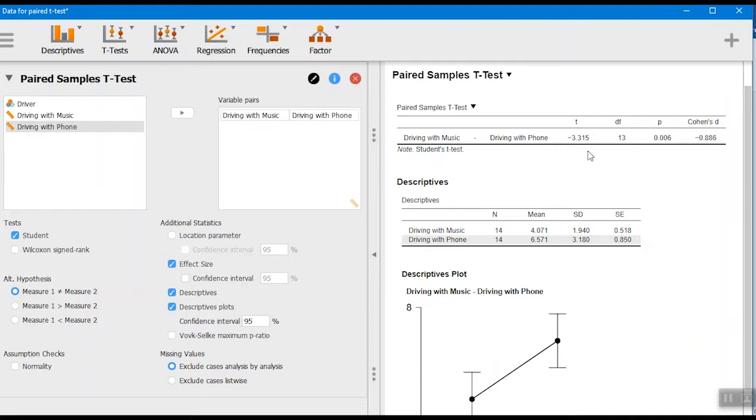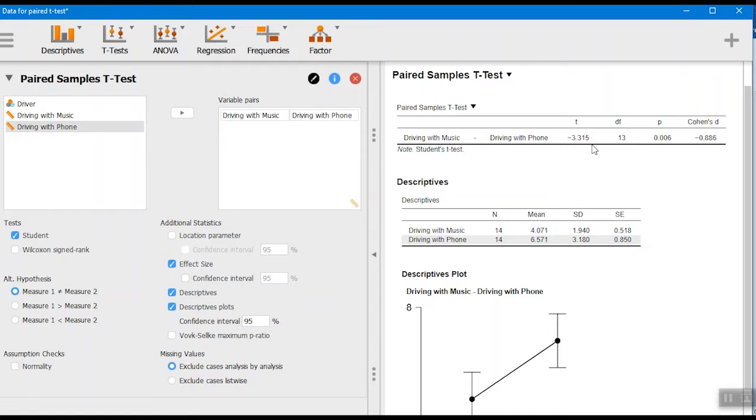And so you'll see the t statistic, and it's a negative t statistic because we're taking driving with music minus driving with phone. You remember that the number of errors there were smaller as compared to here, and you can see that down here as well. And then we've got the t value.